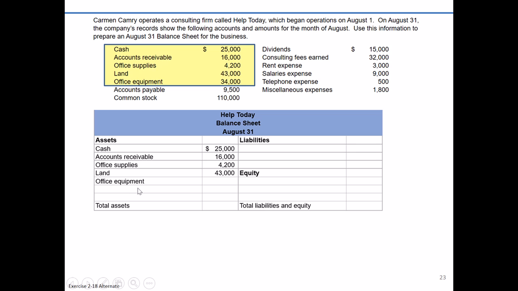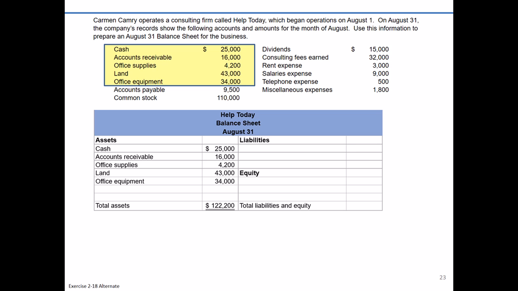Also, we've got office equipment of $34,000. If we add all of these up, $25,000 plus $16,000 plus $4,200 plus $43,000 plus $34,000, we get total assets of $122,200. So those are the total items we own that we're going to carry forward to benefit our future.